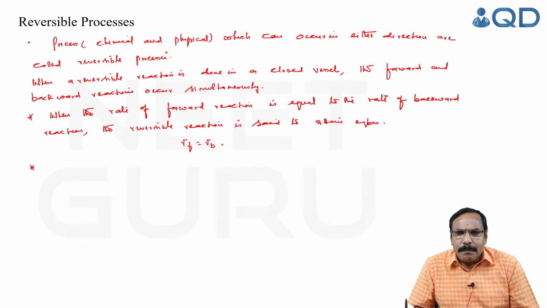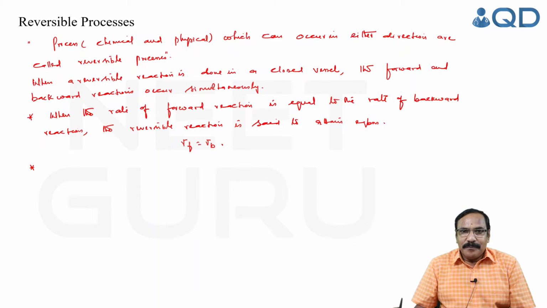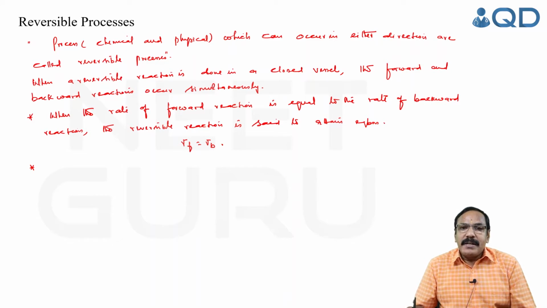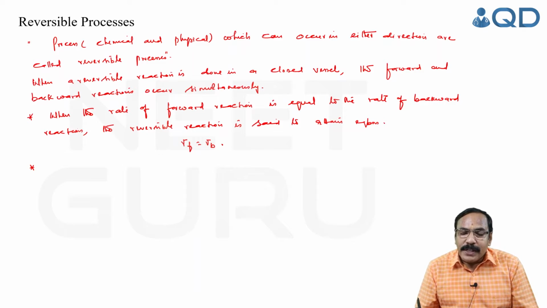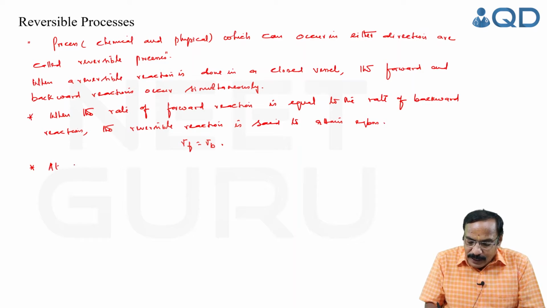Now, once equilibrium is reached, all the measurable properties like temperature, pressure, composition, everything remains constant. But it does not mean the system is dead. Still, the reactions are going on at equal speed and in opposite directions. So, no visible change is observed at equilibrium, but both forward and backward reactions occur with the same rate.